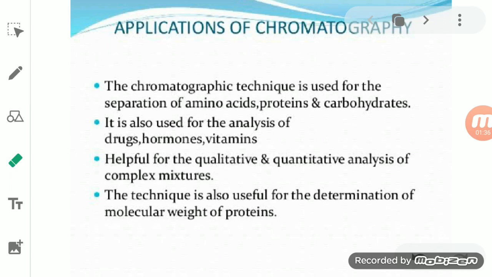We had discussed that we take a filter paper, also known as chromatography paper, and keep it in the chromatography jar.